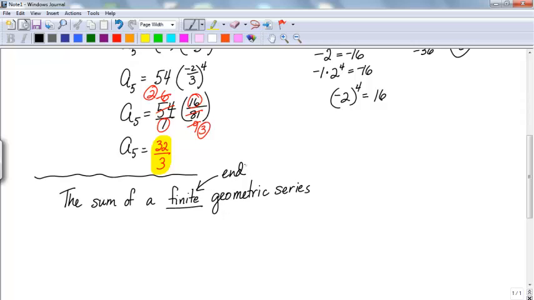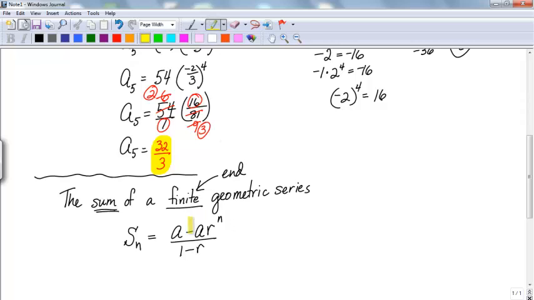I might give you an infinite geometric series, but as soon as I say find the sum of the first 10 terms, then I've chopped it off, I've made an end to it, it stops, and the formula, still an S sub n, because the keyword is sum, would be a minus a r to the n power over 1 minus r. And that's the formula for the sum of a finite geometric series.